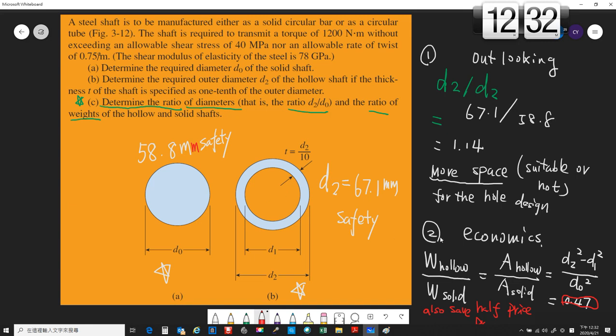It depends on you. If you are very rich and you don't care about outlooking, you can choose the expensive one and have a small size. If you worry about money and can satisfy the space, you choose the larger size, but you can save 50% of the money. Yeah. Do you think it's interesting for this example? Or finish?